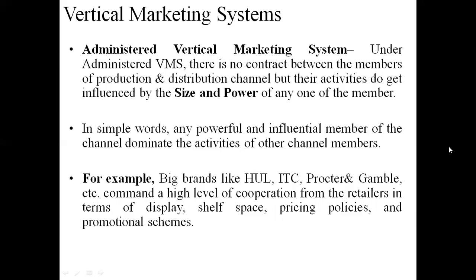For example, I have given here brands like HUL, ITC, P&G. Commonly, they control the different intermediaries in the channel of distribution. Another example we can say is massive retail stores like Walmart. They often have an administrative vertical marketing system because they are such a huge, big name.